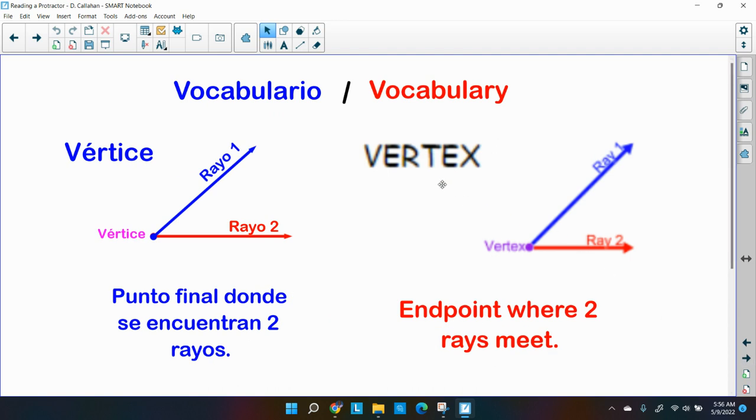And here's a little bit more vocabulary. Vertex. It's where two endpoints meet. So they meet right here at this point here called the vertex. Here's a ray, and here's another ray. So where two rays meet, that is called the endpoint or vertex.